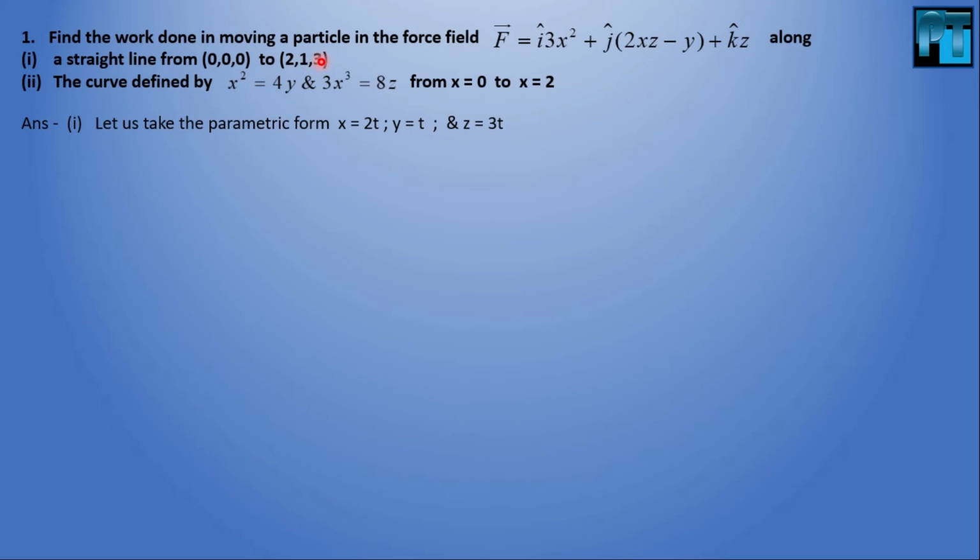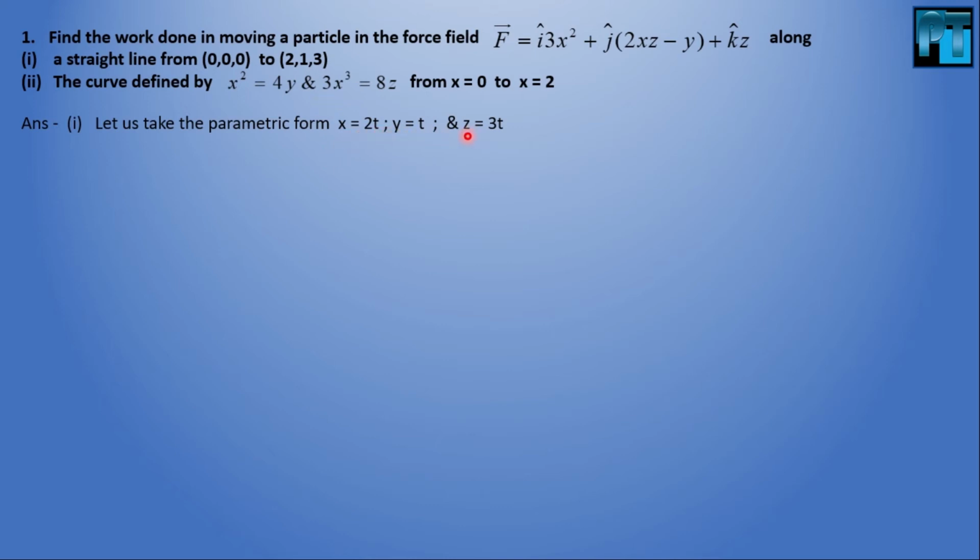See, for this type of problem originating from 0 0 0 to any point, say 3 4 5, 6, 2 1 3, anything, you can take the parametric form as the last point, like 2t, t, 3t. If it were 1 2 3, then I shall take x equals 1t, y equals 2t, z equals 3t, and so on.